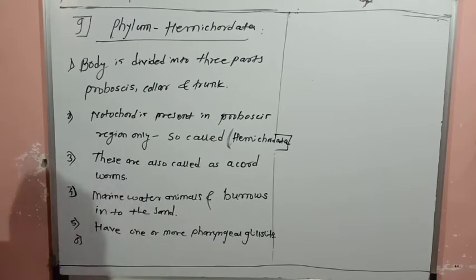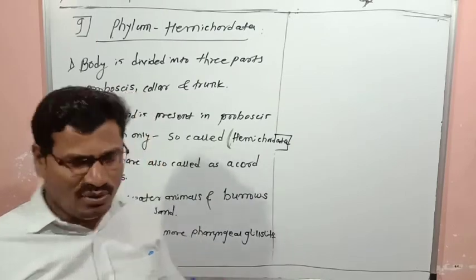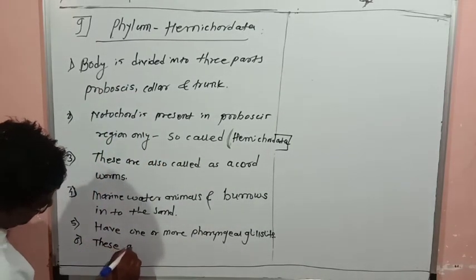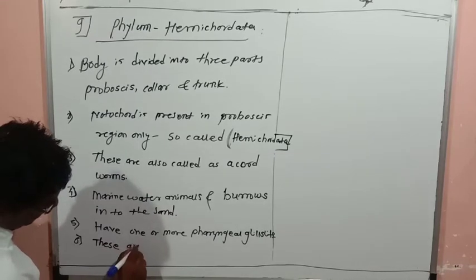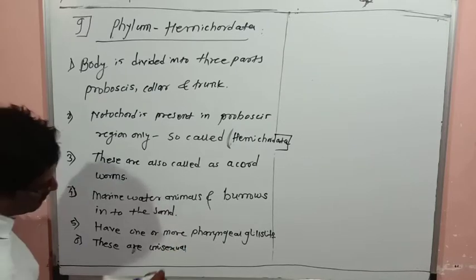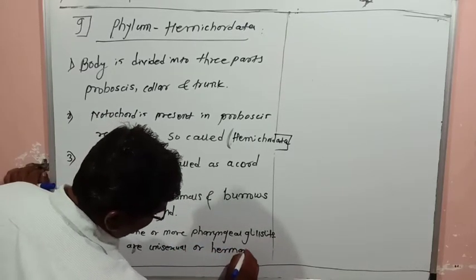And the sixth point is that these are unisexual or hermaphrodite.